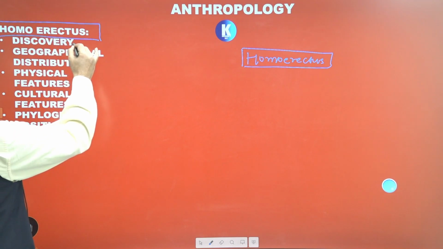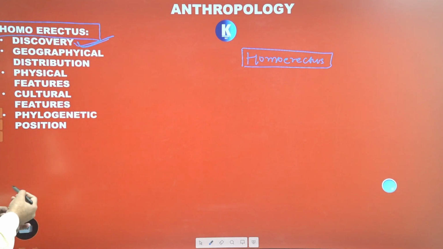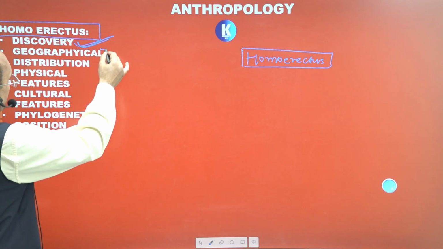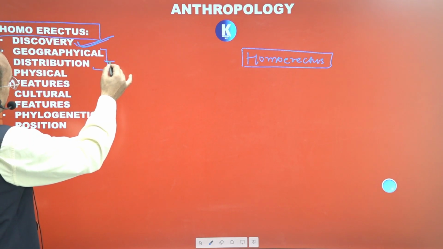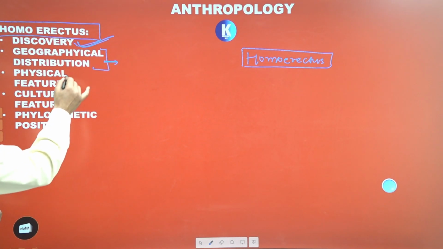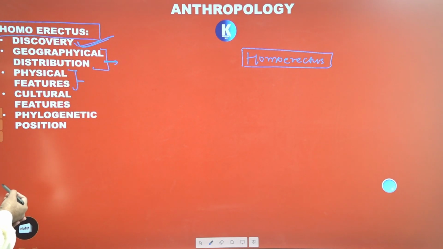First, you have to discuss the discovery of that particular fossil. Then you have to discuss their geographical distribution, that is very important. And then you have to discuss the physical features of that particular fossil.